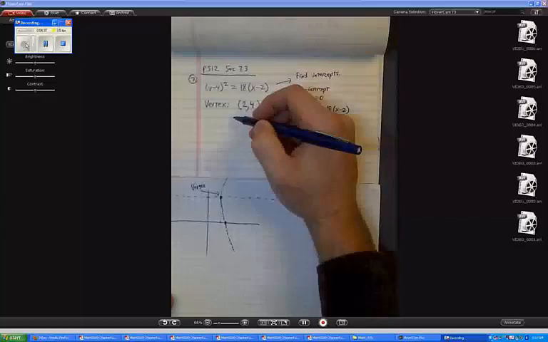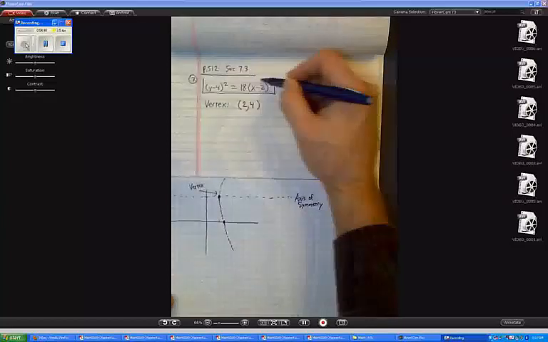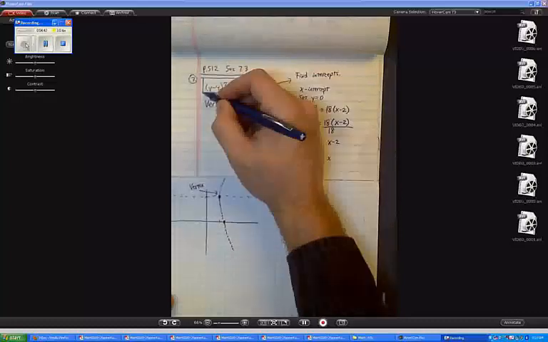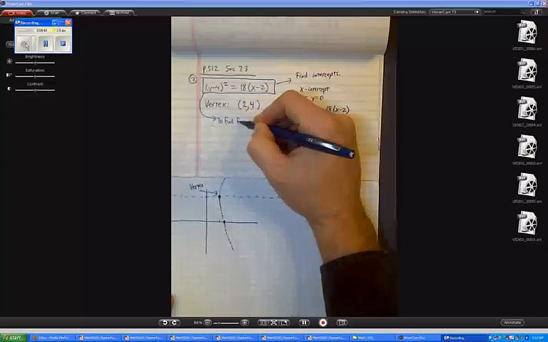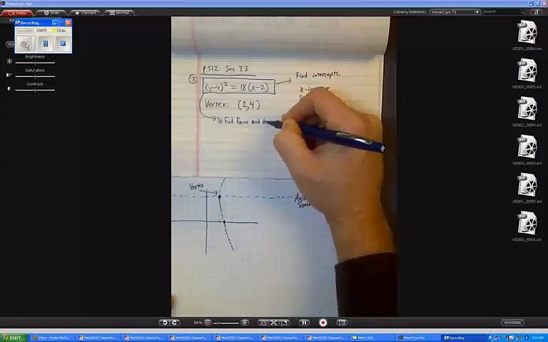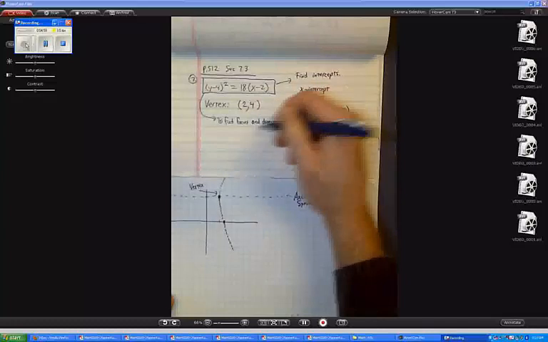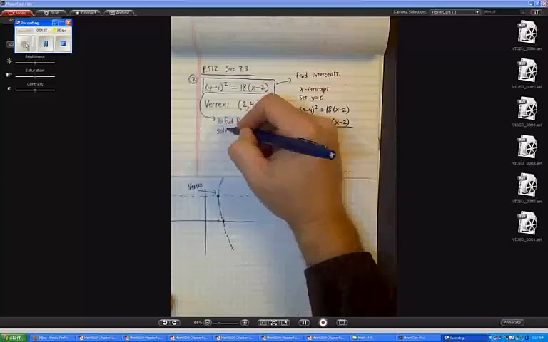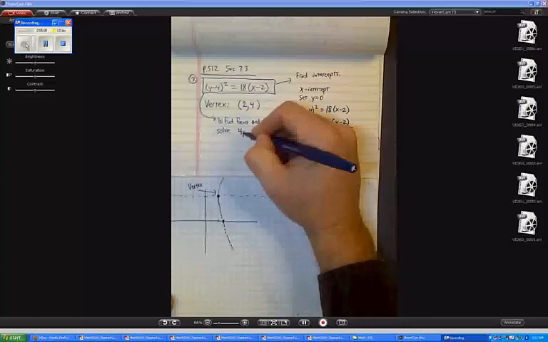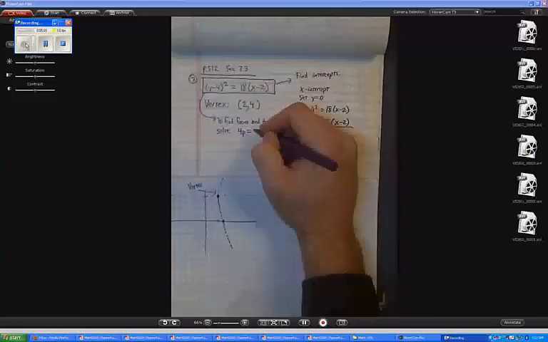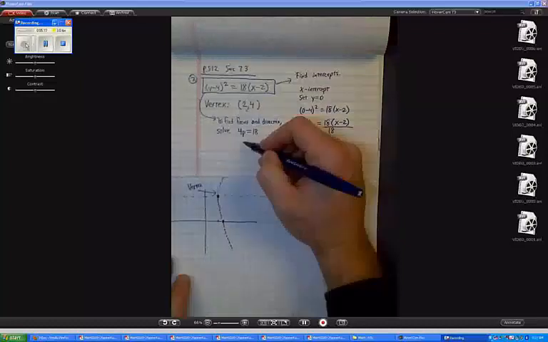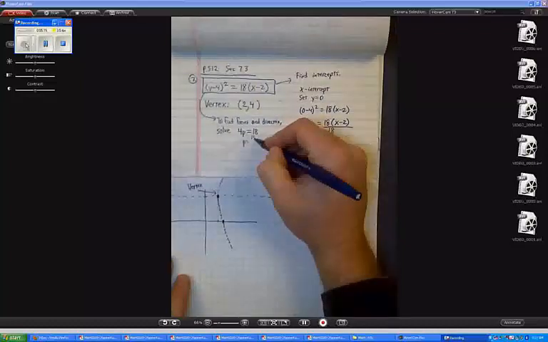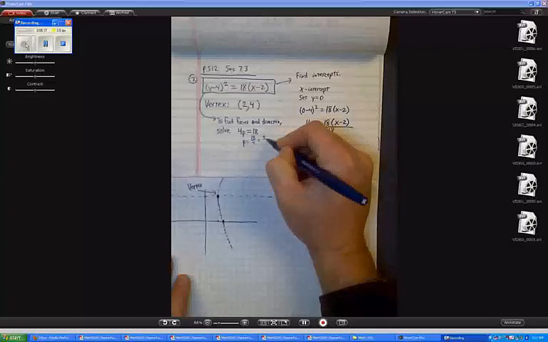I know that if I have it in the correct form, which I do, to find focus and directrix, we solve 4p equals what? 18. Okay, it's always that number in front of the part that's not squared. So if 4p equals 18, I guess p equals 18 fourths, which is 9 halves, or 4.5.